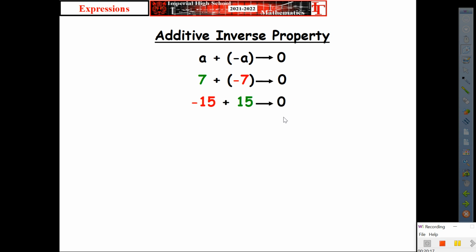Negative 15 plus 15 is 0. A negative 2500 and 2500 is 0. We've used that property in the past. Maybe they named it differently. I named it zero pairs. So remember zero pairs, some of you? You're like, faintly, Mr. Q. Okay. We're going to be using this today and for the next week for polynomials.